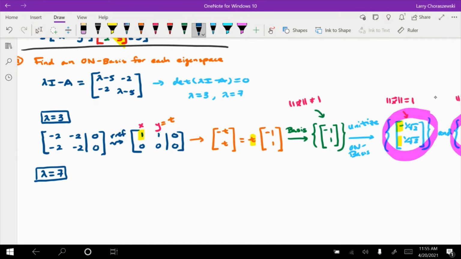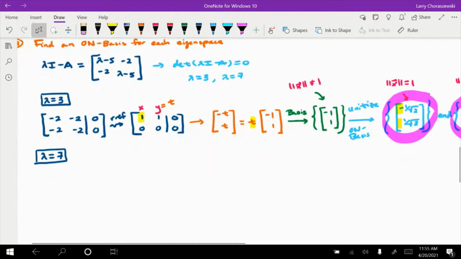All right, I'll go ahead and flesh out the details of my basis vector solutions. Plugging 7 into lambda I minus A, you get a first row of 2, negative 2, 0. Second row, negative 2, 2, 0.